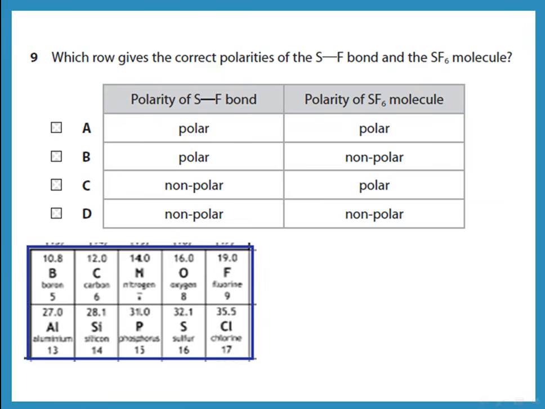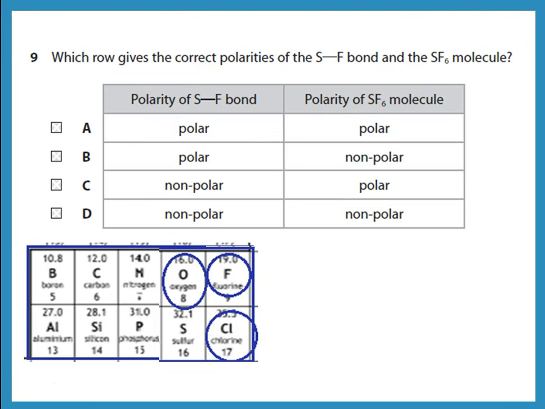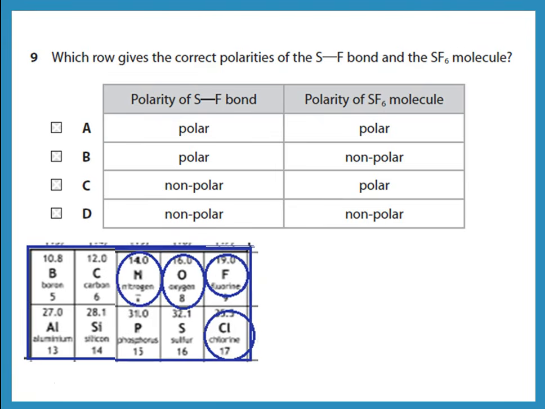Okay. Which row gives the correct polarities of the SF bond and SF6 molecule? Okay, SF bond, a bond between S and F, will that be polar or non-polar? Well, when I look at the periodic table, fluorine is the most electronegative, followed by oxygen and chlorine, followed by nitrogen.